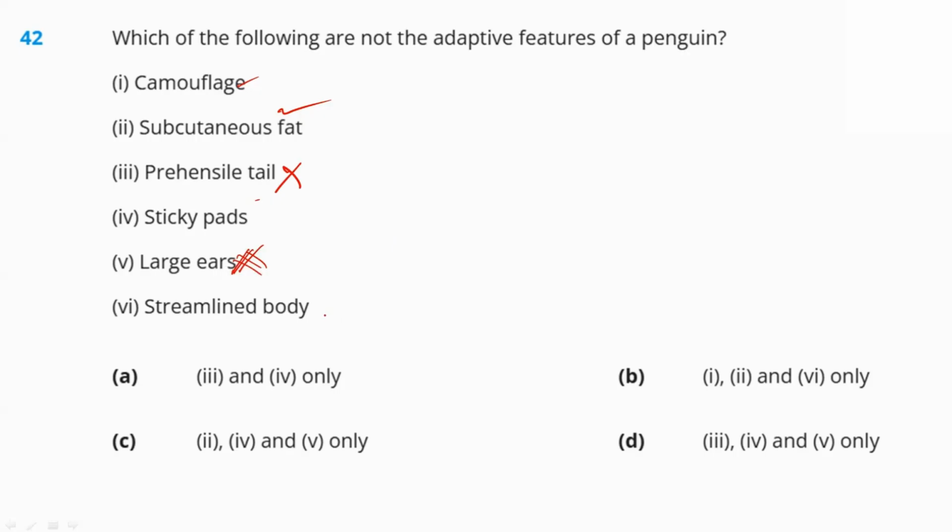And streamlined body. Sticky pads are also not an adaptation, sticky pads are present in frogs. So option number 3, 4, and 5. That is option number D is our right answer.